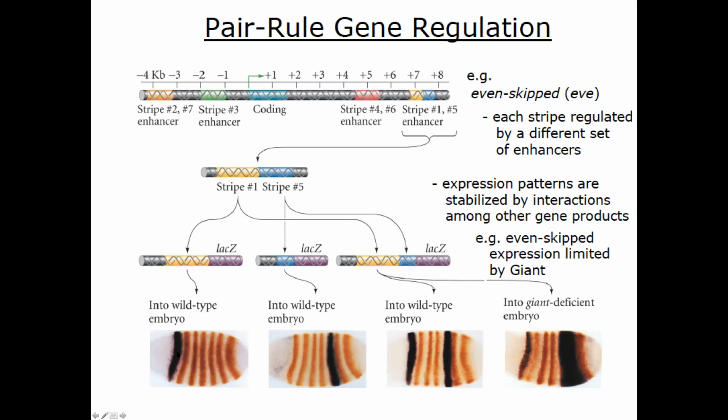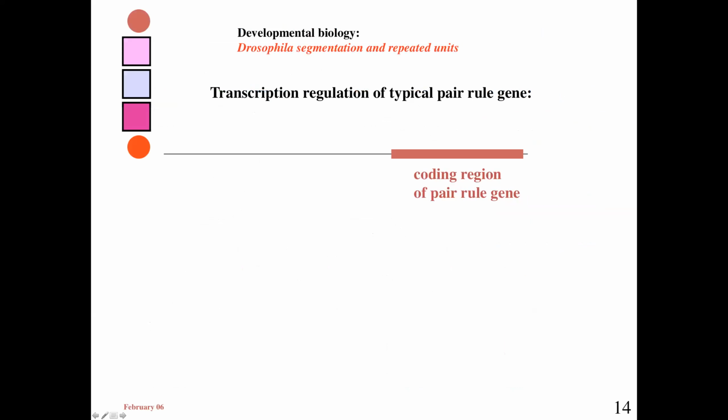Now, even though even skipped is present in all of them, there are other pair rule genes which will not be present in the same pattern. So the expression of pair rule genes is now going to come up.